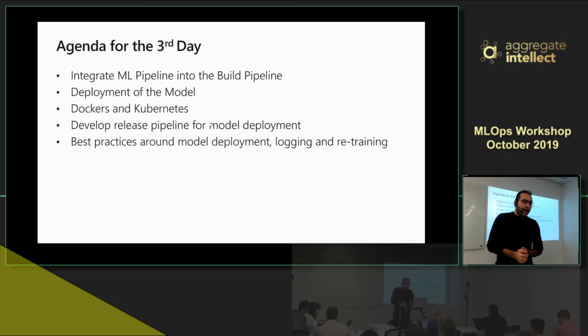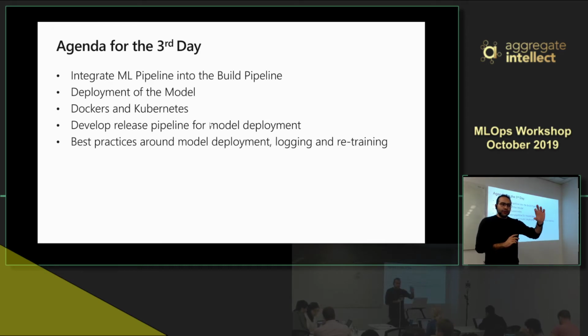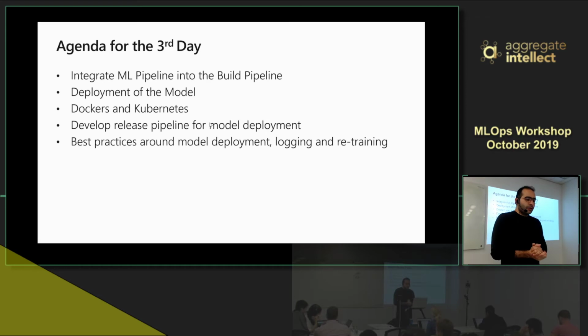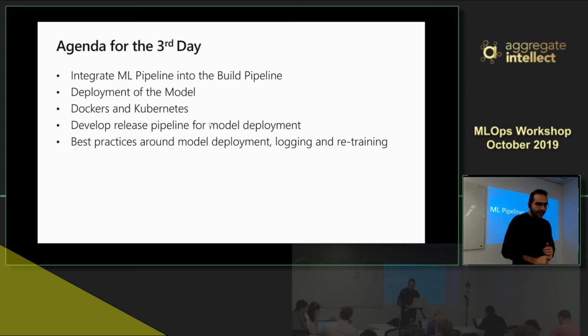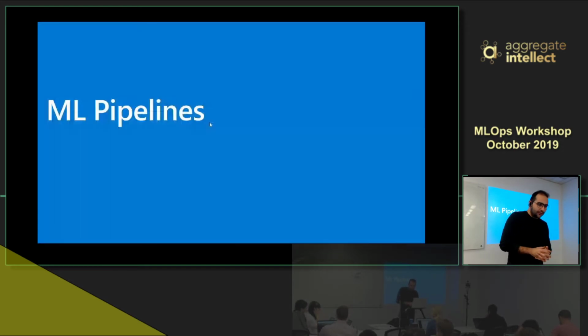Then we develop and create the release pipeline to be able to deploy the model. And finally, we're going to discuss some of the best practices around model deployment, logging, retraining, etc. Then after going through the theoretical concepts, we're going to go through the labs for the second part of the day. Again, we're going to stay till 10. Please stay if you want to go through the labs together. More than happy to do it.